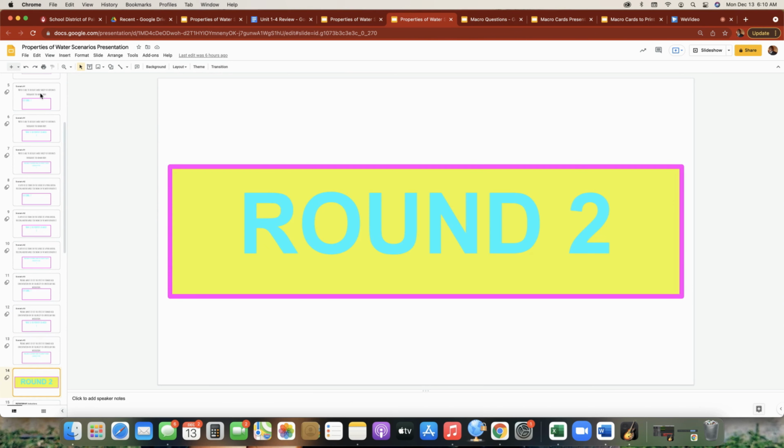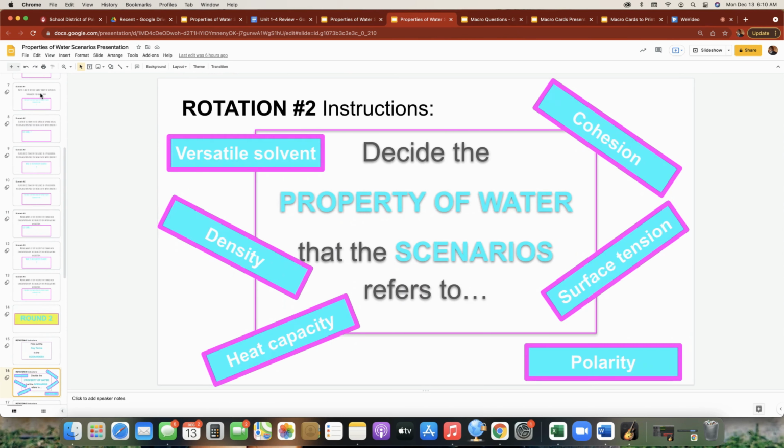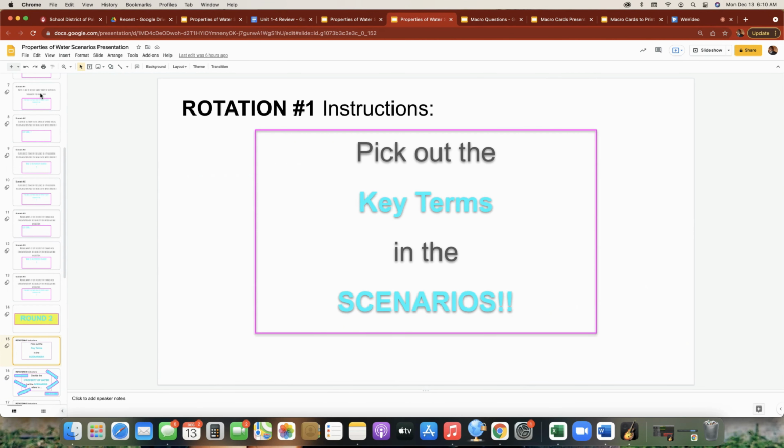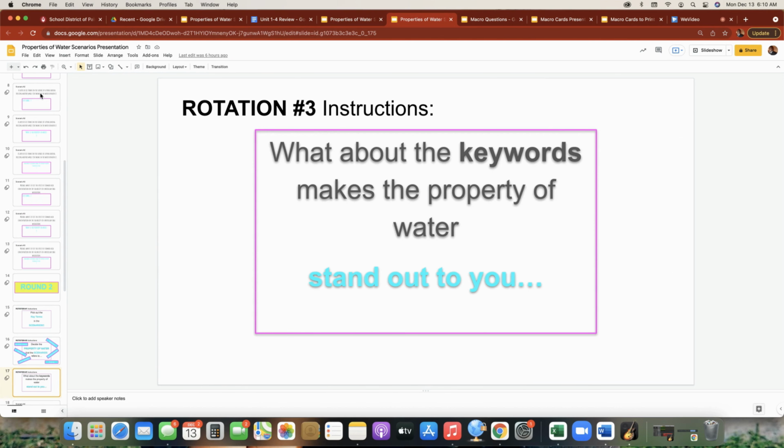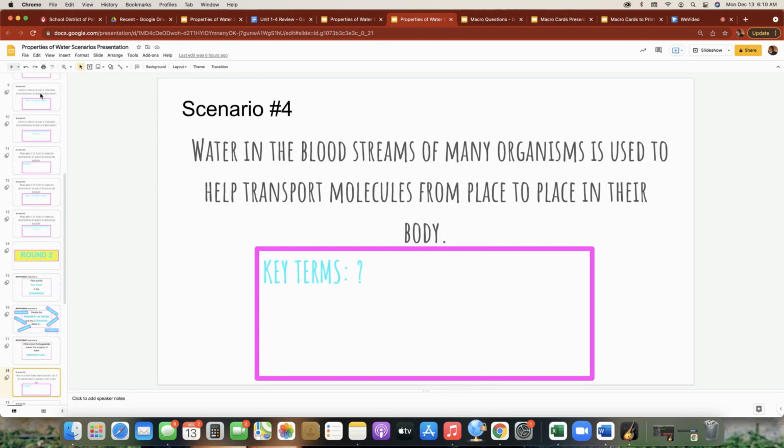Then we do round 2, right? So in round 2, they do the same thing. They pick the key terms, and then go through the first rotation and the second rotation.